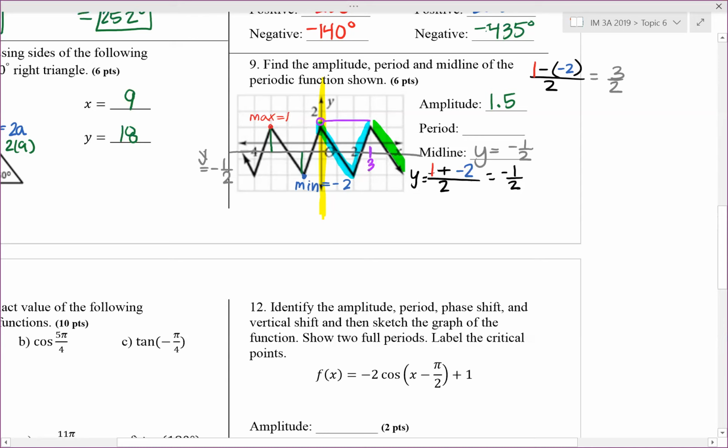And so I could check that here from 0. Notice that this maximum happens at 3. So that means that the period of this graph is 3. Okay, so I'm looking at the x-axis to determine the length of the period as long as I start at 0 on the x-axis, at the origin, or on the y-axis.